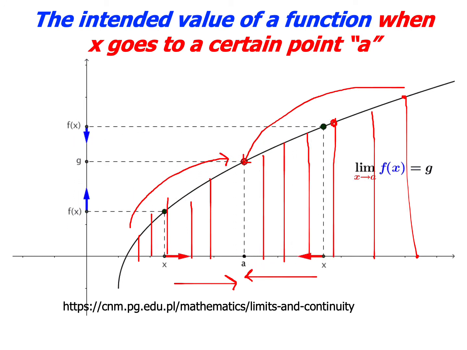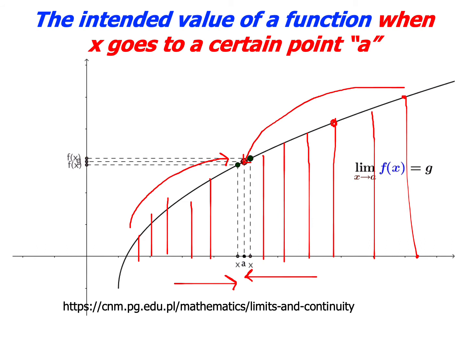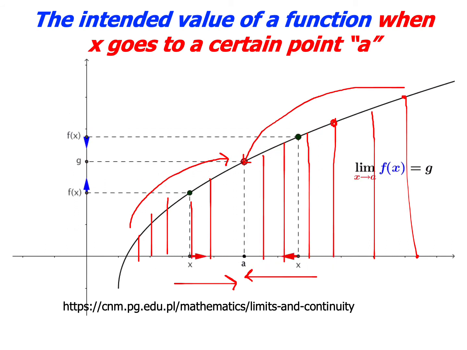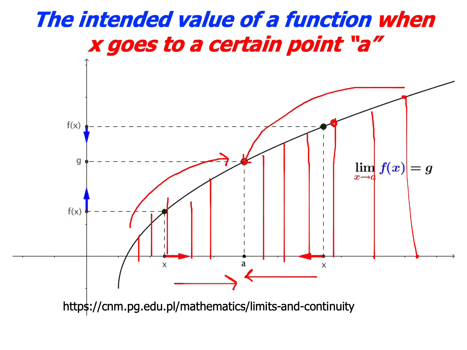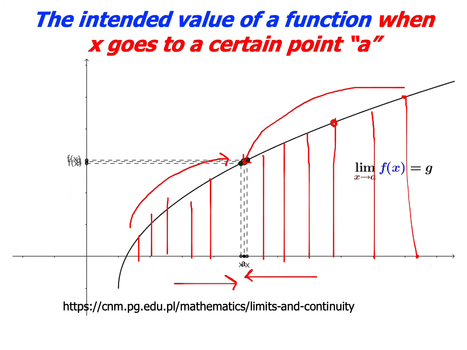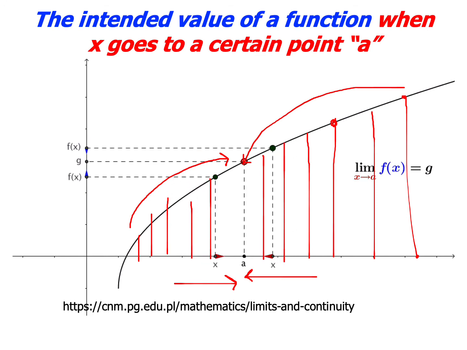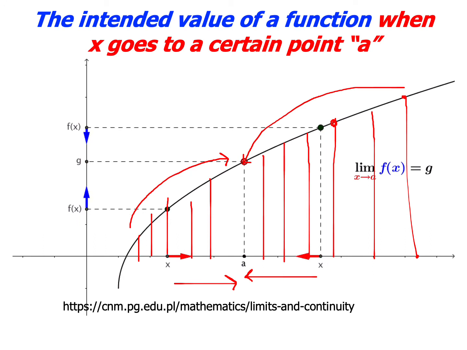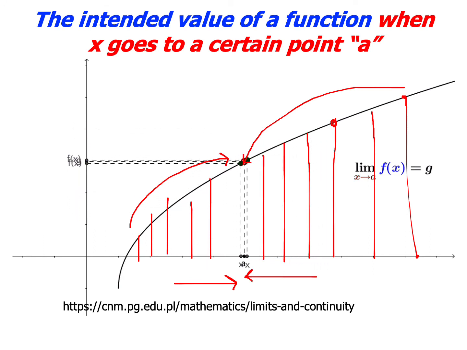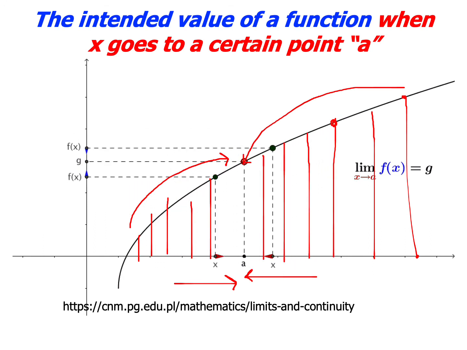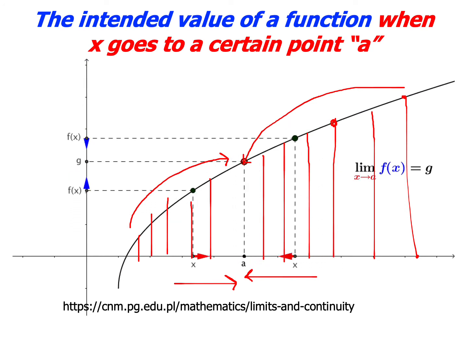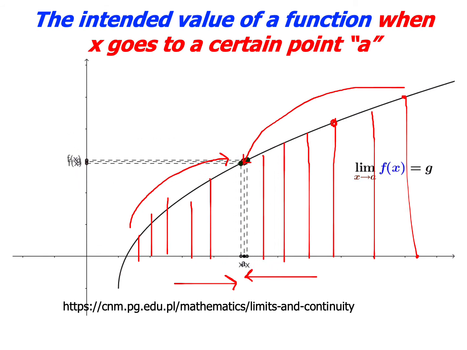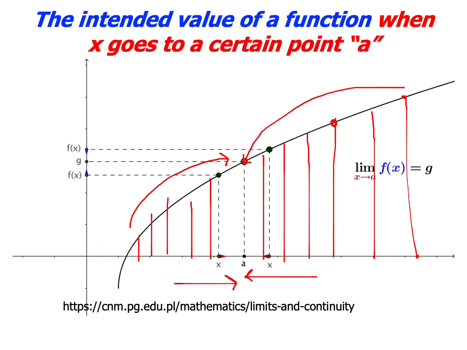That means the intended height when x goes to a is g, which means the limit when x goes to a equals g. Or we can say that when x becomes closer and closer to a from both sides, the heights are going to g. This is the meaning of limits.